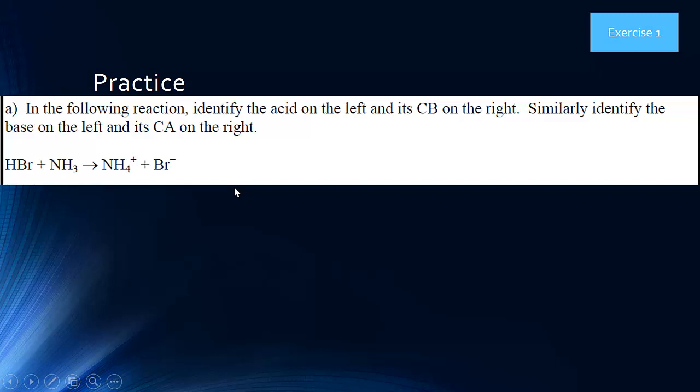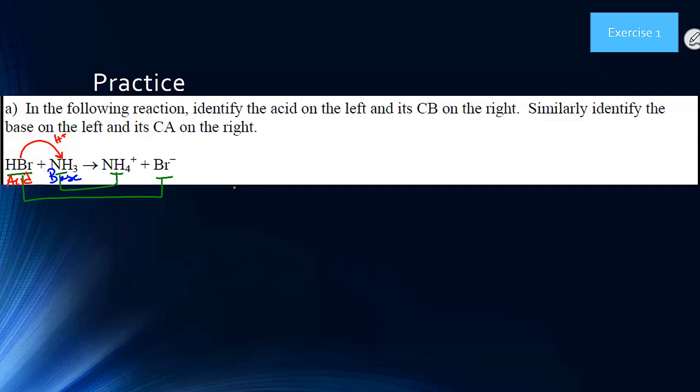So, hydrobromic acid becomes bromide, and ammonium comes from ammonia. So there's our pairs. How does hydrobromic acid become bromide? It must lose a hydrogen to ammonia. Ammonia, therefore, is acting as a base, while hydrobromic acid is being an acid.